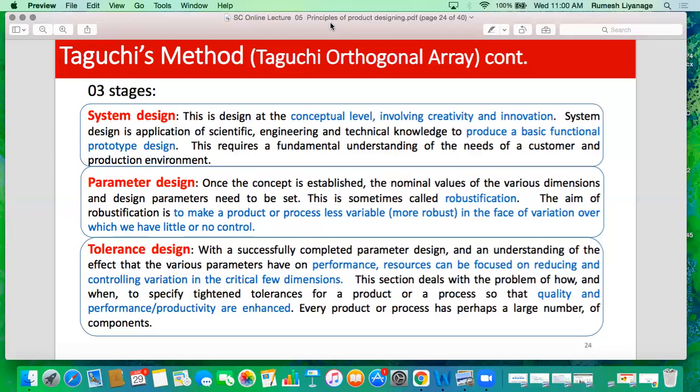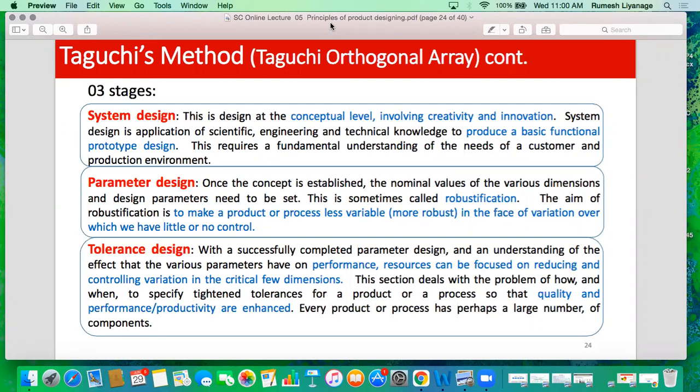Robustification is very important. It means reducing the number of noise factors. Sorry, reducing the number of variables. As an example, in the first design, the system design, RPM is very difficult to control.